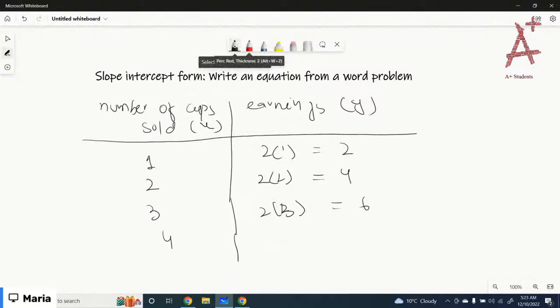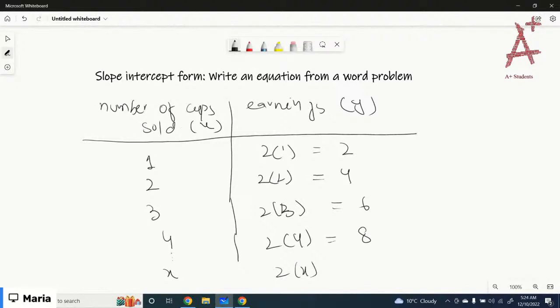That means for x cups it would be 2 times x. So the pattern is 2 times x. You have to find the relationship for the equation, that is y equals 2x.